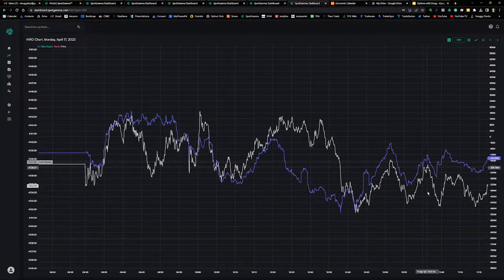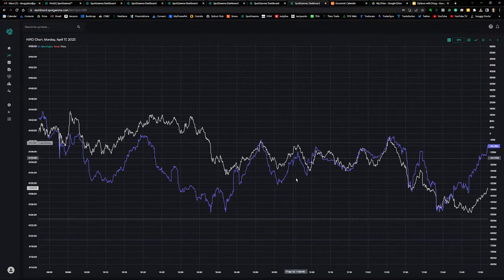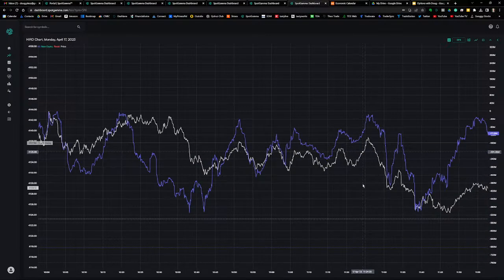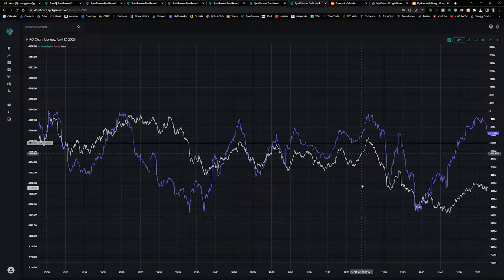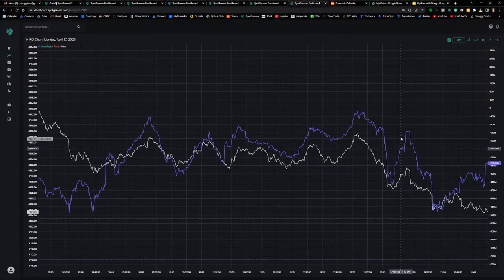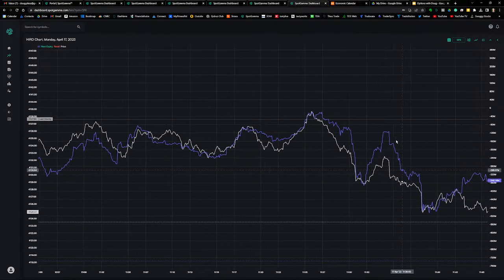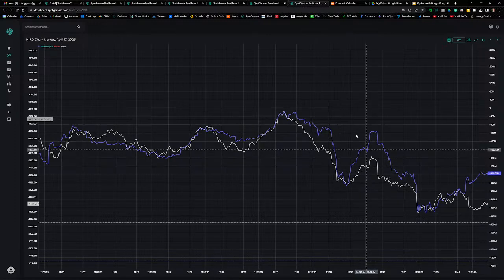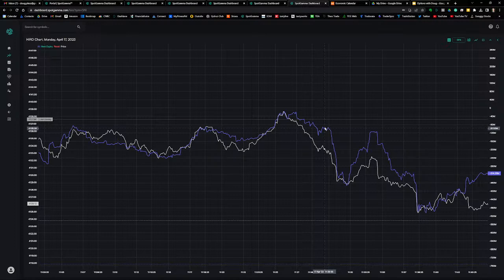I'm looking at Hero on one screen and Bookmap on another screen. And this setup at 11:30 was not as apparent. It was more of a confirmation. Let's go back and take a look at Bookmap.